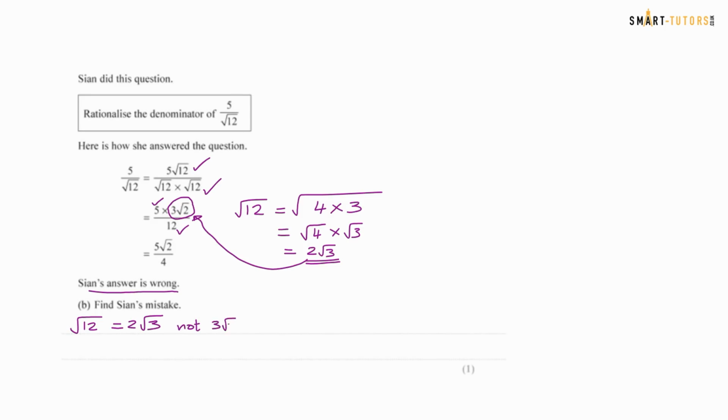So we need to say square root of 12 is equal to 2 root 3, not 3 root 2. It's again only 1 mark, so you don't need to show the working, but if you want the correct answer, 5 times 2 root 3 over 12. So 2 goes into 2, 2 goes into 12, so the answer is 5 root 3 over 6. That is the end of question 20.